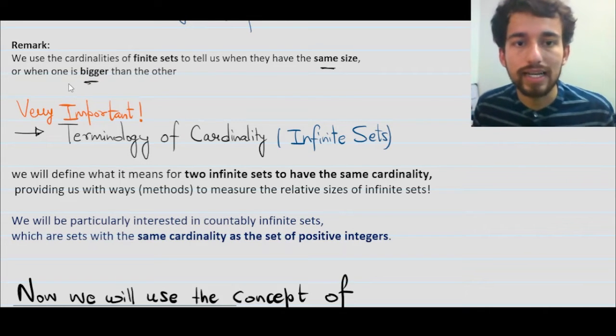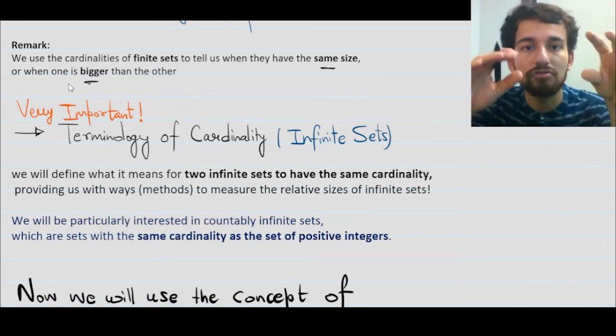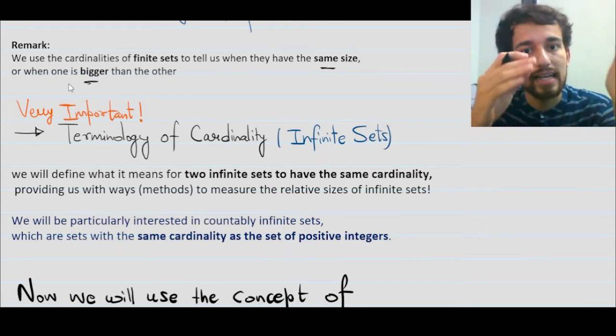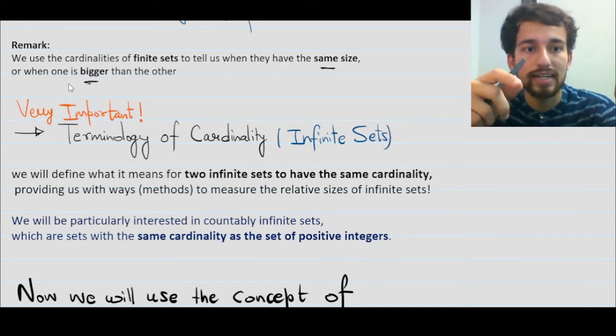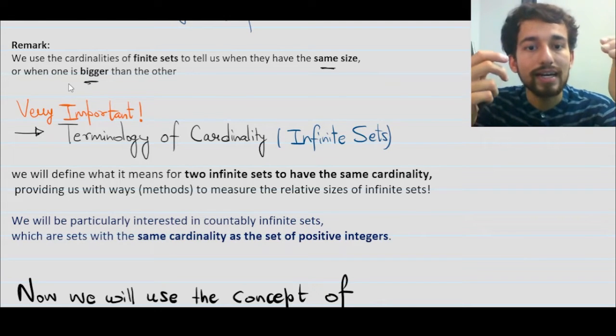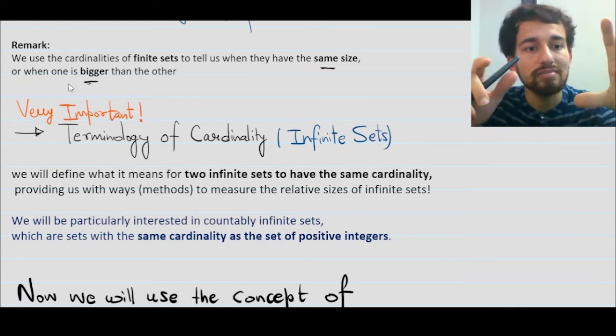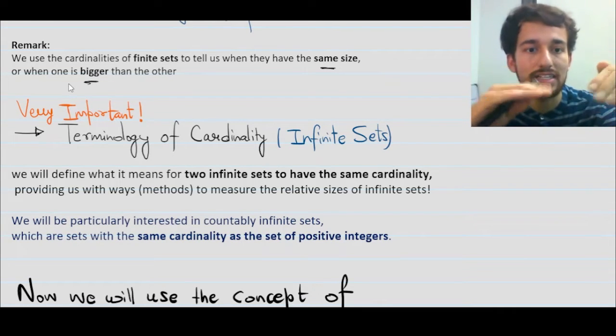It's very simple that whenever you have some finite sets, in that context, when we are talking of cardinality, we are interested to know whether they have the same size or a different size, that is, one is bigger than the other.